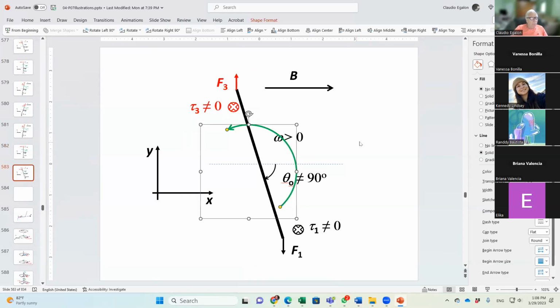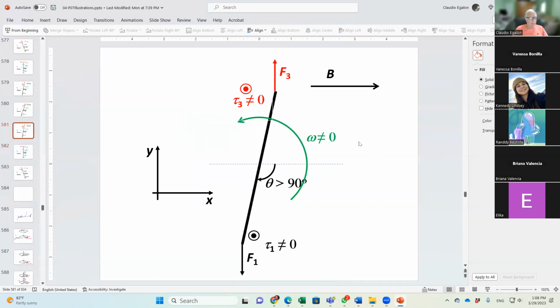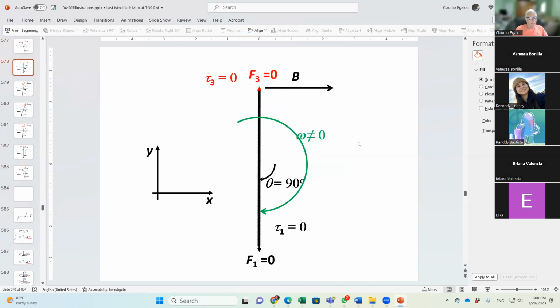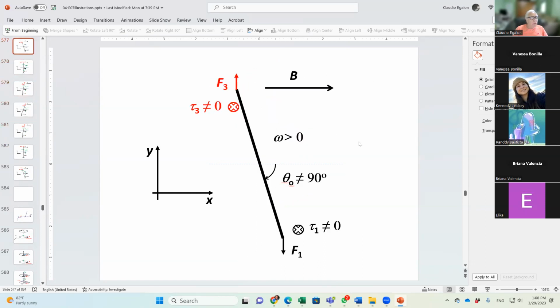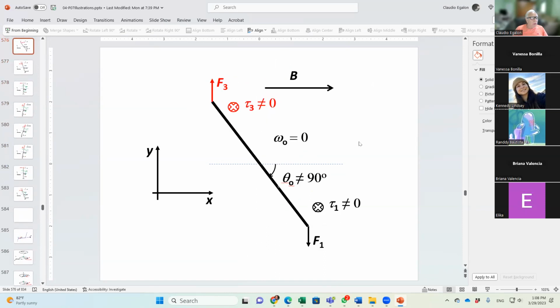Now it's going to start here. Okay, here it starts here. But I need this one as well.